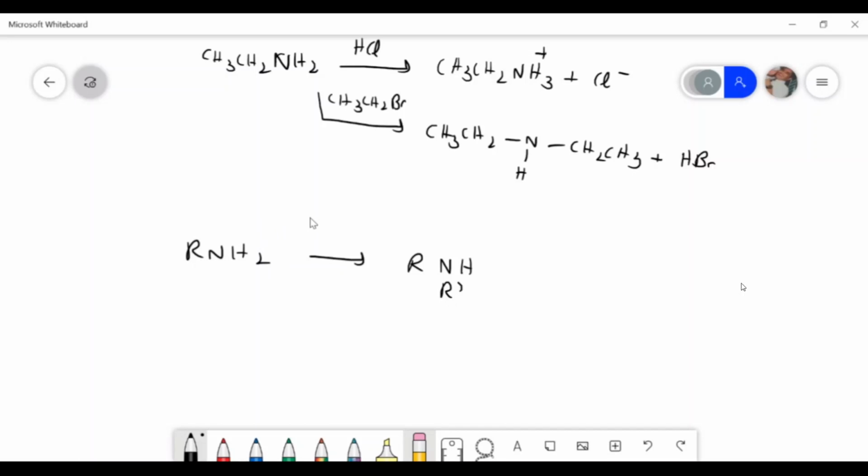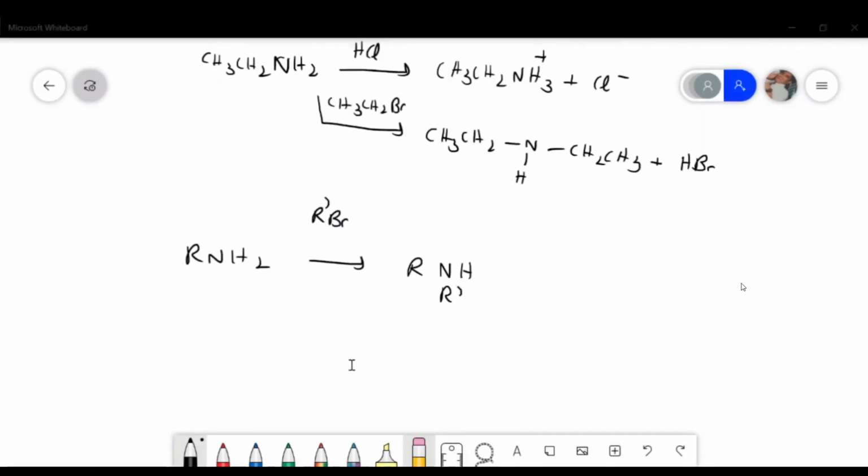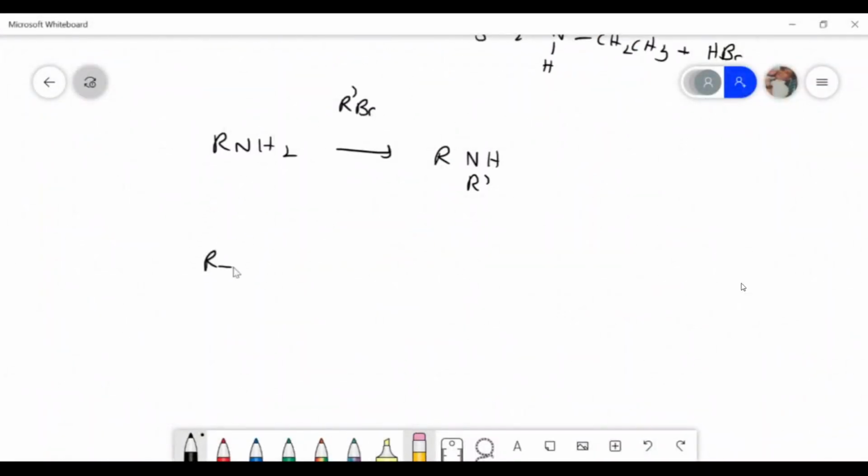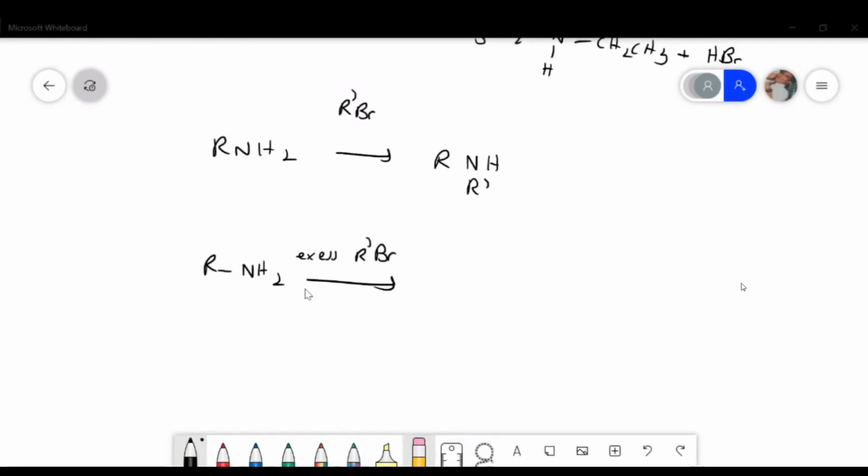Now, if I use something like R prime Br, how do I ensure that this will only replace one hydrogen instead of all of them? And that's why we take note of controlling the relative concentrations of each reactant. So if I do a reaction with RNH2 and excess R prime Br, what do you guys think will happen if we use excess of the halogenoalkane?